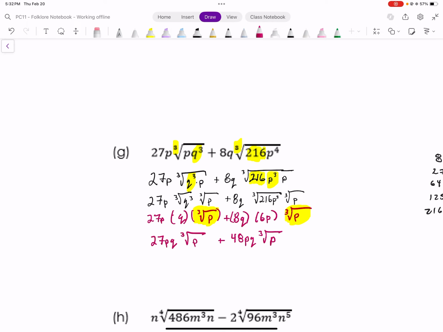Okay, so I'm struggling a little bit here. 27 plus 48. Sometimes you just got to do what you got to do, and this addition algorithm certainly works. So that is 8 plus 7 is 15. Carry the 1. 1, 4, 2, and I believe that's 7. So this is 75pq, the cube root of p.